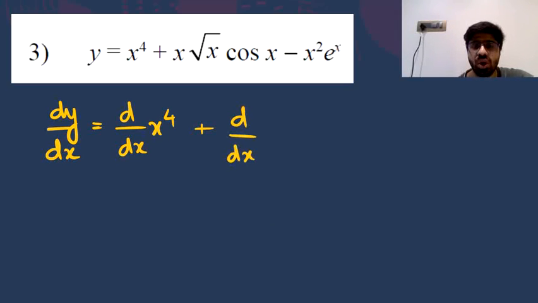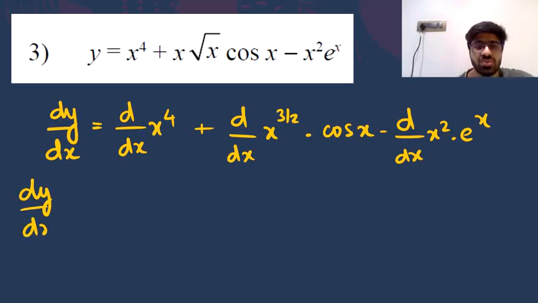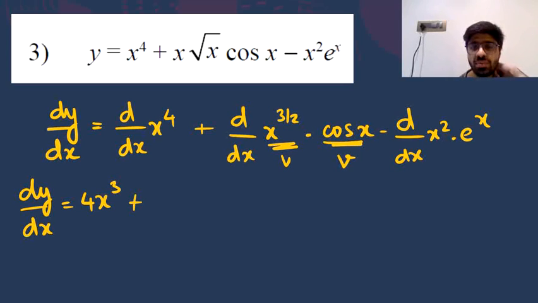So we have d by dx of x power 3 by 2 into cos x, minus we have d by dx of x square into e power x. So now dy by dx becomes equal to d by dx of x power 4 and derivative of x power n, that will be n into x power n minus 1, so 4 minus 1, that will be 3, plus d by dx of u into v, so that will be u into the derivative of v, but d by dx of cos x, that will be minus of sin x.